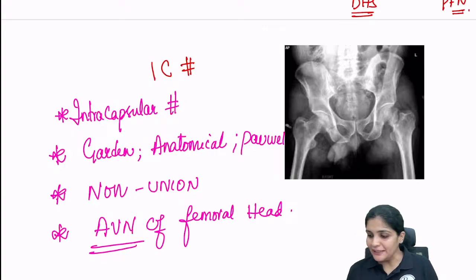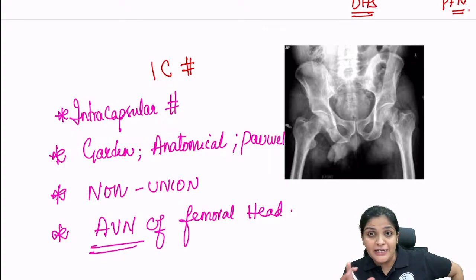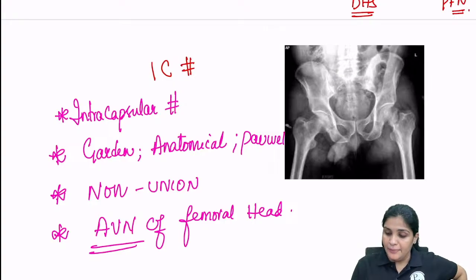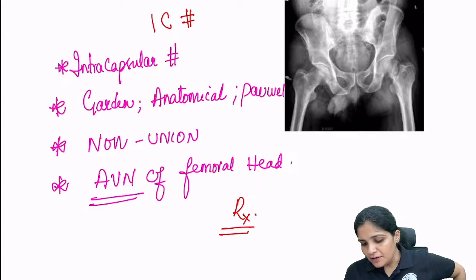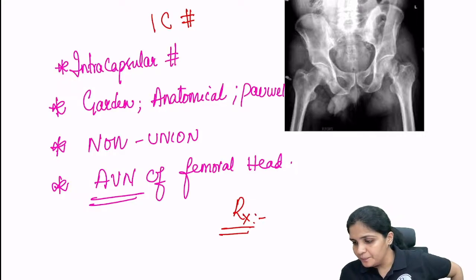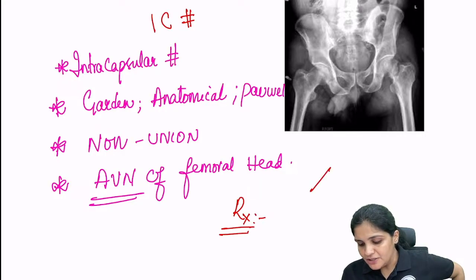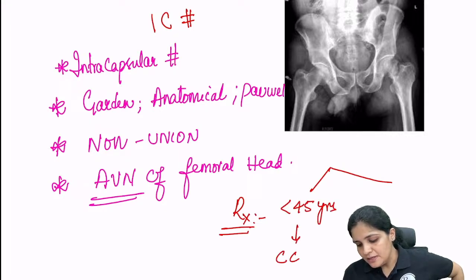So these are the complications, right? So non-union and avascular necrosis of the femoral head are two important complications of IC fracture, which you have to remember, right? And now, how do you treat this? This is very important. Treatment of IC fracture depends upon the age. If the patient is less than 45 years, you can go for CC screws, right?